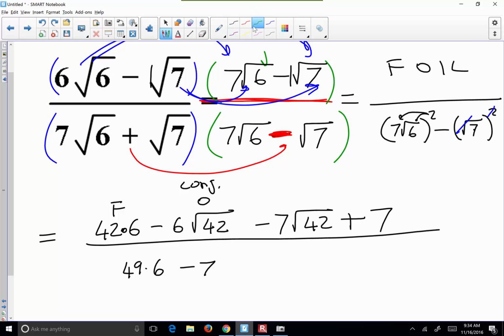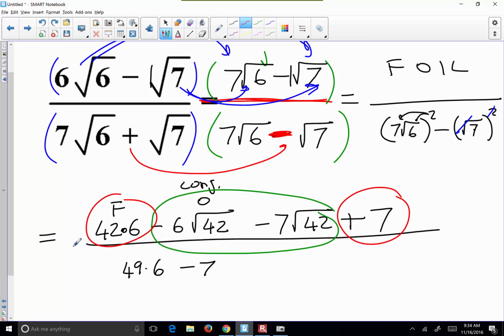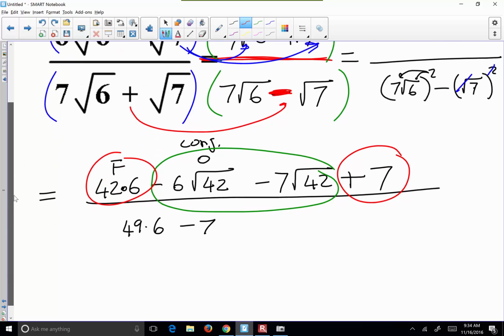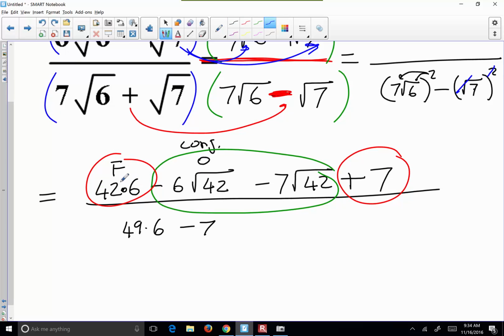When you FOIL, we always combine the middle terms, and we combine the first and last terms. Always, no exception. That's always true. By the way, 42 times 6 is 252. This is 252, and 7 more to 252 makes 259.